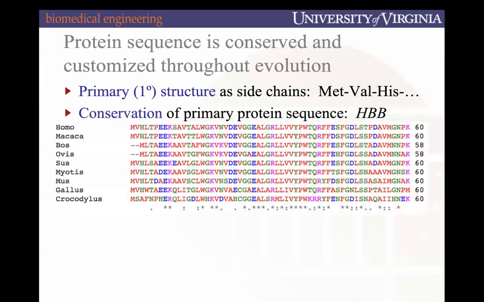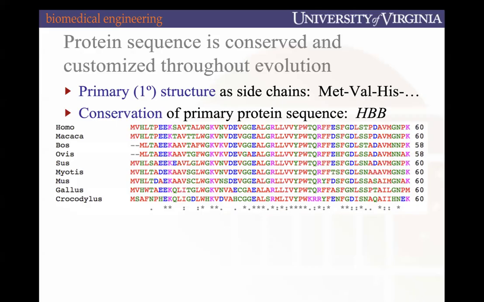And so when we look at beta-chain hemoglobin, and we look at its primary structure across multiple species, these species being this important, it's not critical for you to know, but we have up top humans, and we have macaque monkeys, cow, sheep, boar, bat, mouse, chicken, and crocodile.